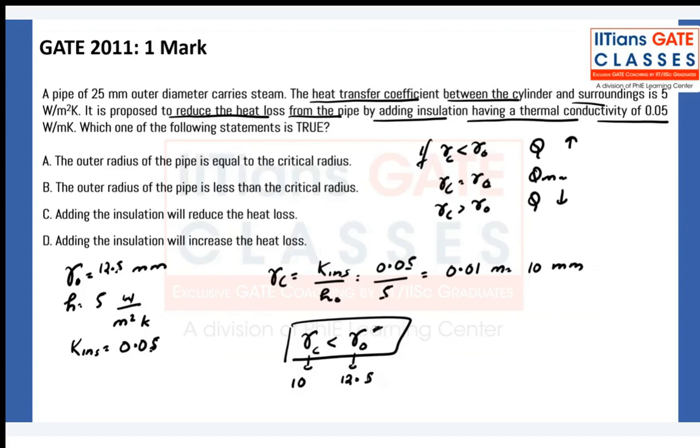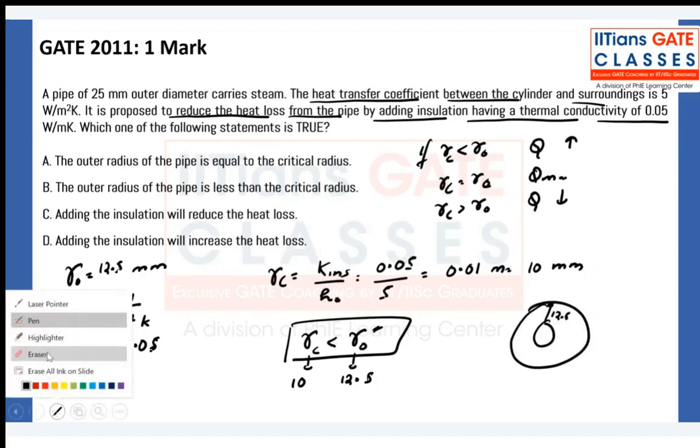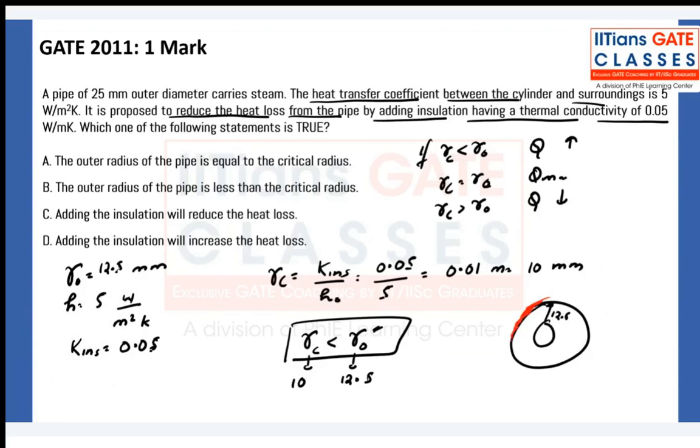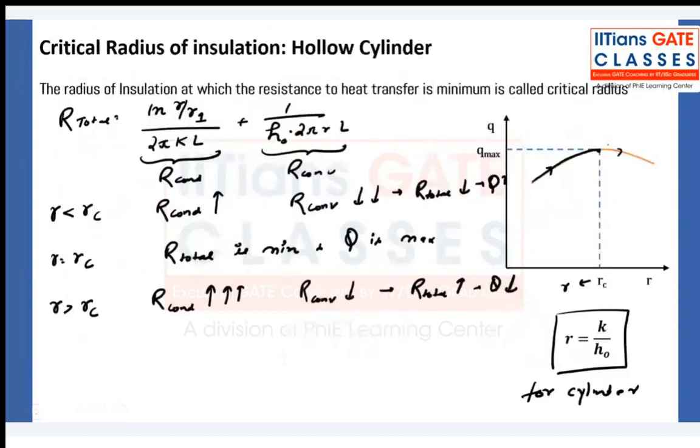Now if you increase the thickness, this is already 12.5. If you are adding insulation, you will be working on this side of the curve, because you are already on this side. Yes, option C is correct. Because the critical radius is less than R naught, you are already here.